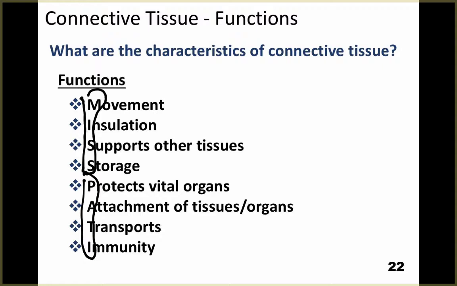But let's also look at what their characteristics are when we are looking at them. What things do they visually look like? What do they incorporate? And so here are the characteristics. They include the following. They are the most widely distributed tissue type in the body.